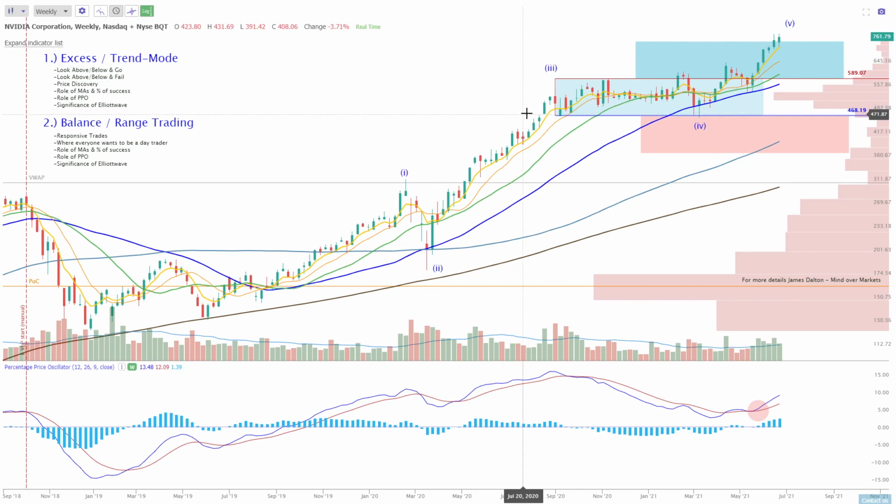So let's talk about how we got into balance. So the March lows happened. This is your little zigzag correction, very steep wave 2 correction of this move. And when the pandemic started, NVIDIA was a huge beneficiary and really just went straight up because this balance area was broken, this high here to this low here.